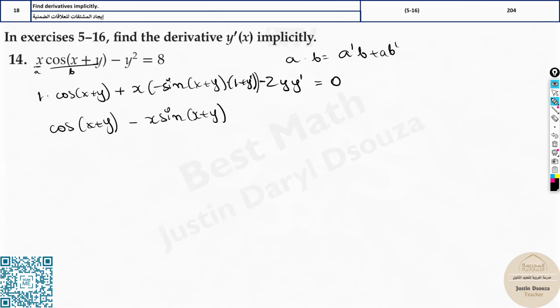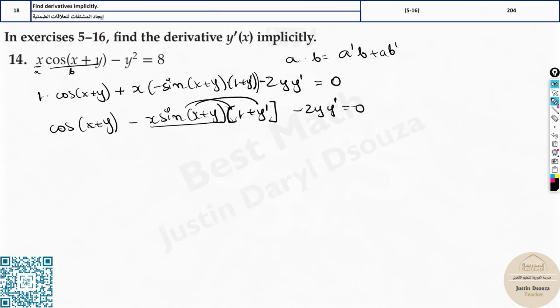See, this minus I've written over here with this x, and this entire thing is multiplied by (1 + y prime), which I've still not solved. I'll do it in the next step. Here it is minus 2y y prime equals 0. Now I'm going to multiply here and here. This left side is entirely a single term because this minus is over here and this is a variable. So this becomes a term and then we multiply it inside. I hope this is clear.